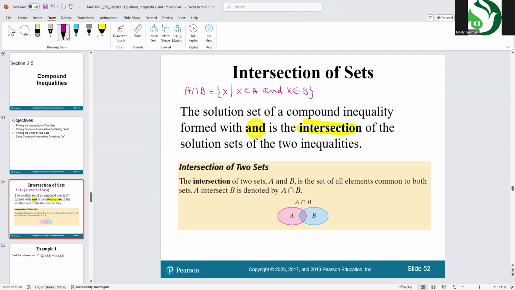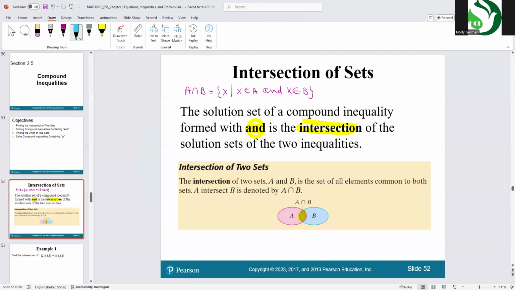I must visit Jamaica and also Haiti, because it's an intersection. So a compound inequality with "and" is the intersection of two inequalities. That means it's the common area.